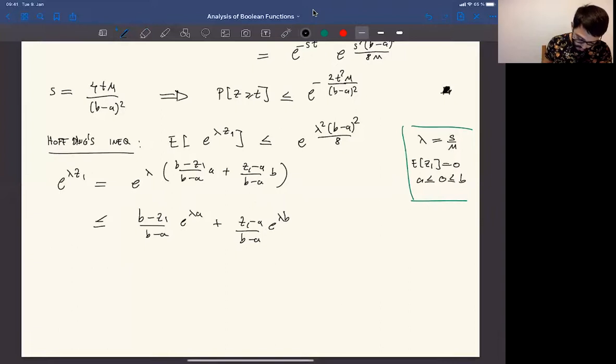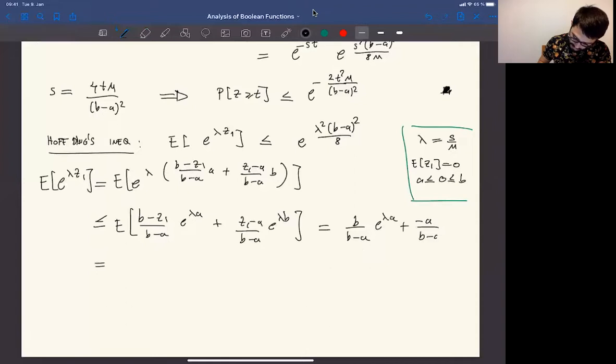Okay, and so if I take expectation of this side equals expectation of this, which is equal expectation of that, but then, well, the expectation of z1 is 0, so this is just, and now a is negative, so I can substitute everything by this.